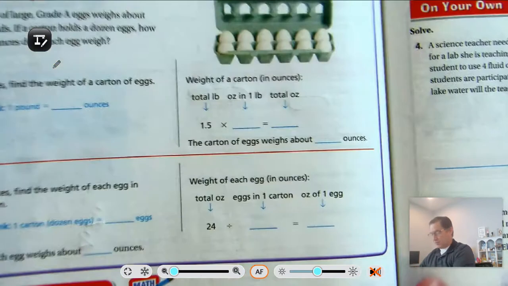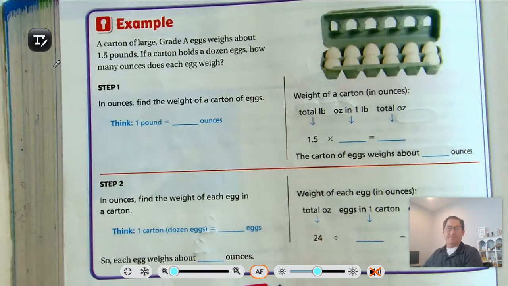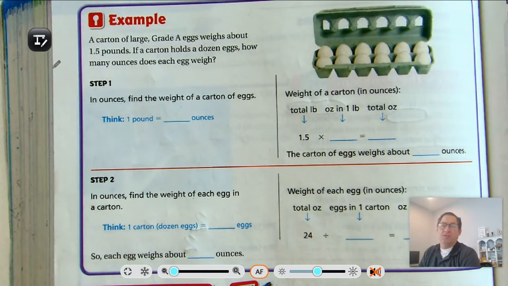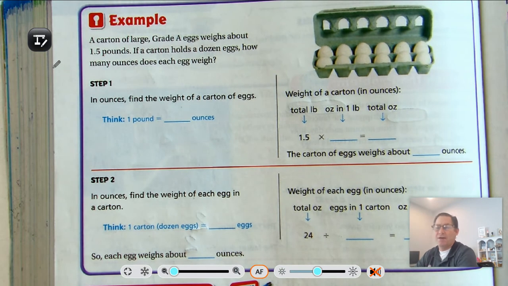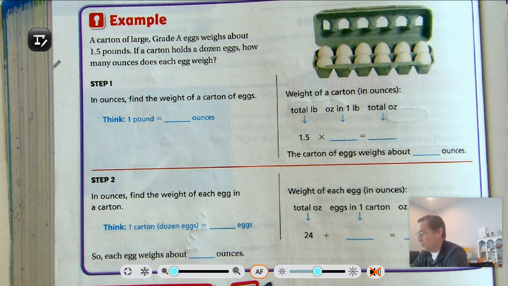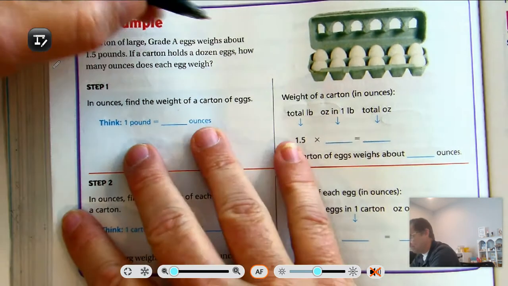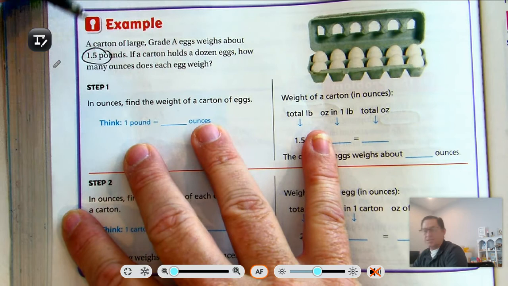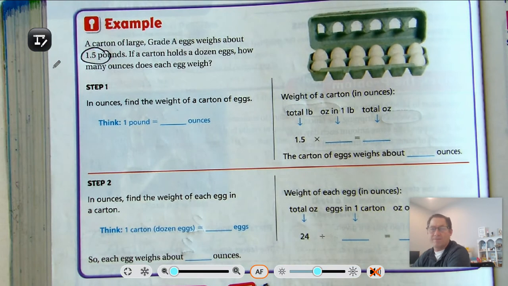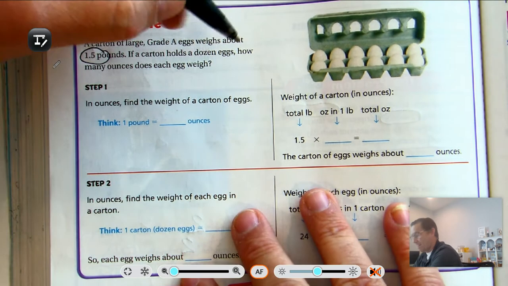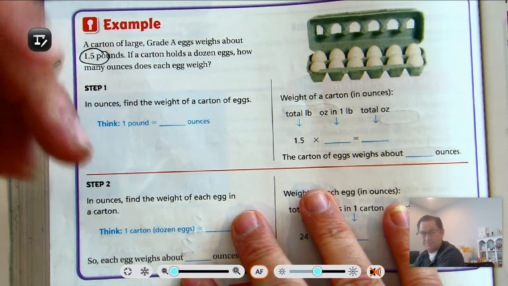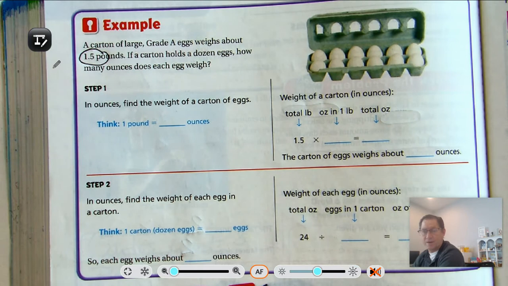All right, let's look at another example on page 440. So a carton of large grade A eggs weighs about 1.5 pounds. If a carton holds a dozen eggs, how many ounces does each egg weigh? All right, well, a carton of large grade A eggs is about 1.5 pounds.